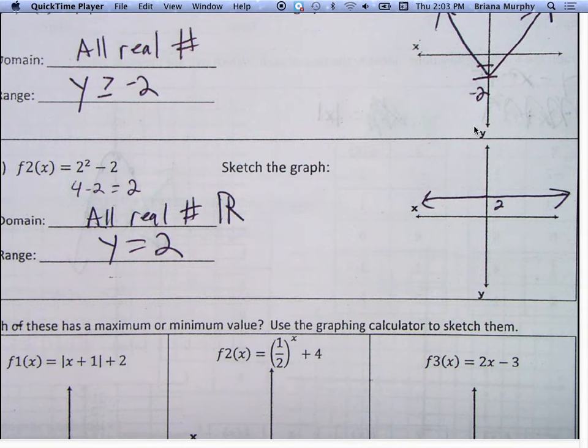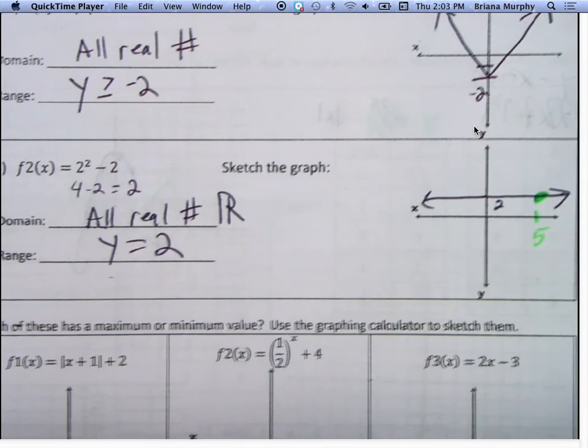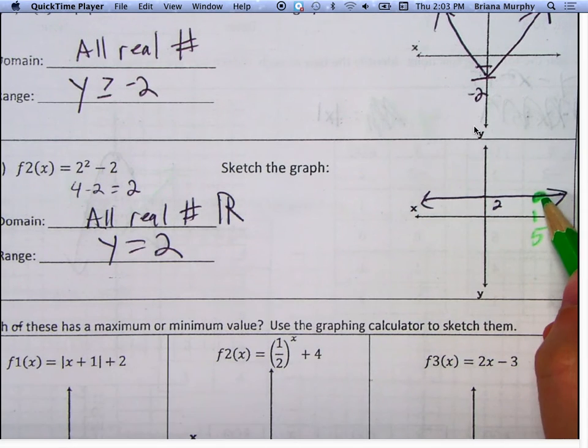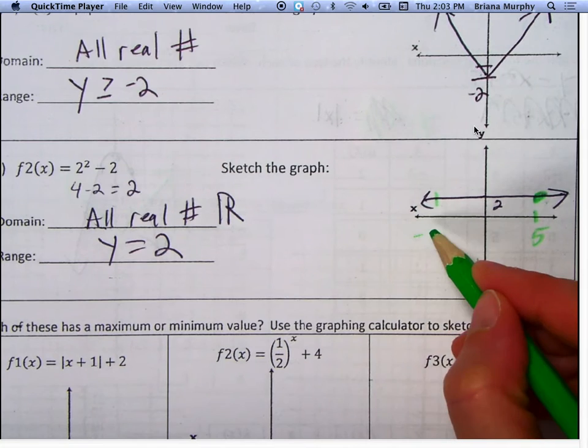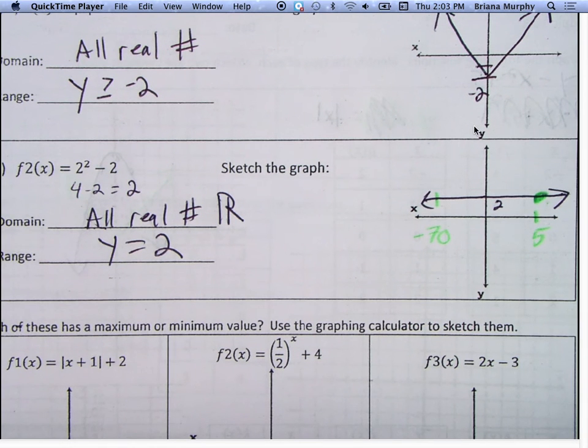So how are you going to know? If I pick a point right here, let's say x is 5, the y value is 2. If I pick a point right here, let's say negative 70, the x value exists, but the y value is going to be 2. Does that make sense? The x value can be anything.